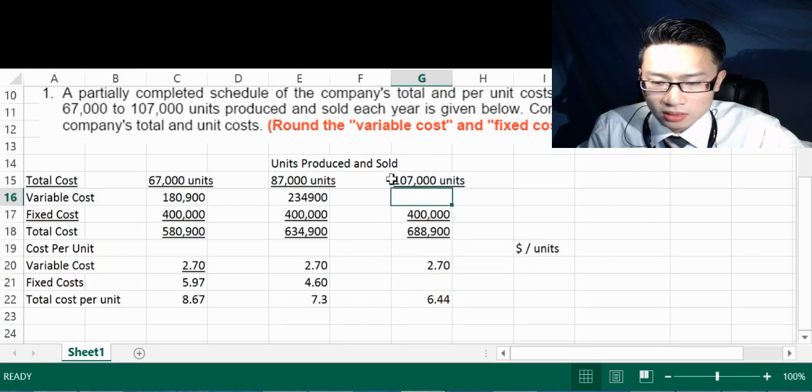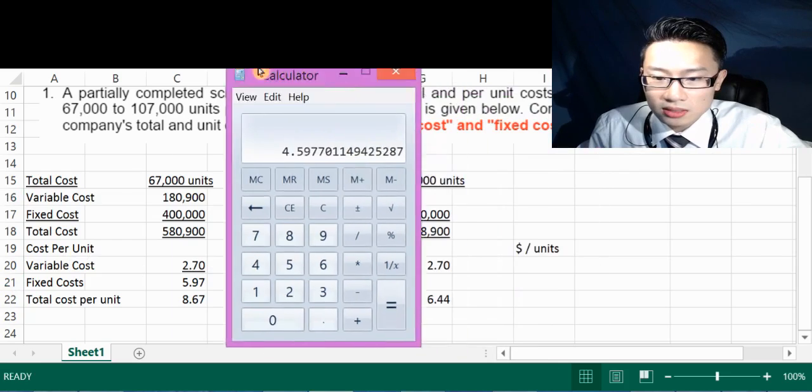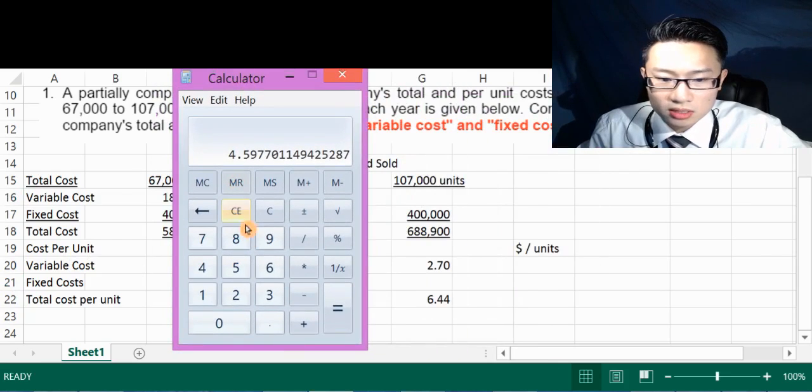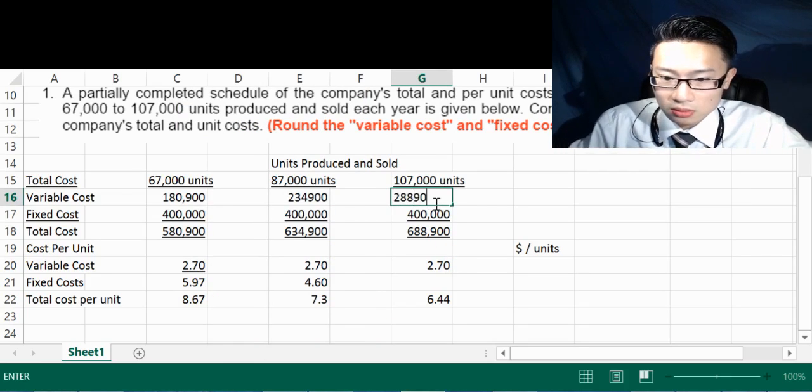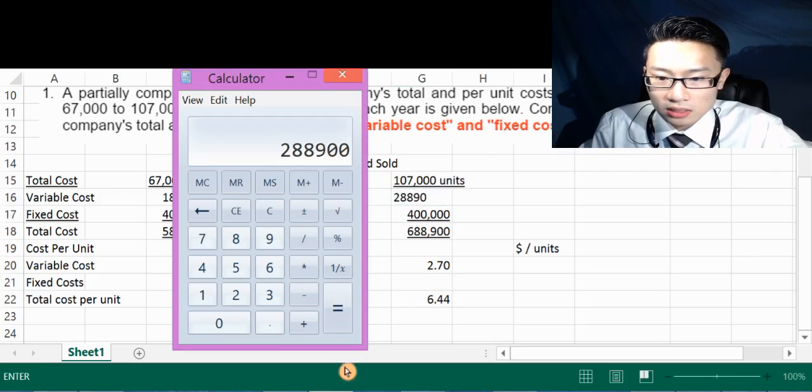And let's try the logical way. Since variable cost is $2.70 per unit and we're going to sell 107,000 units, 2.7 times 107,000 units is 288,900.